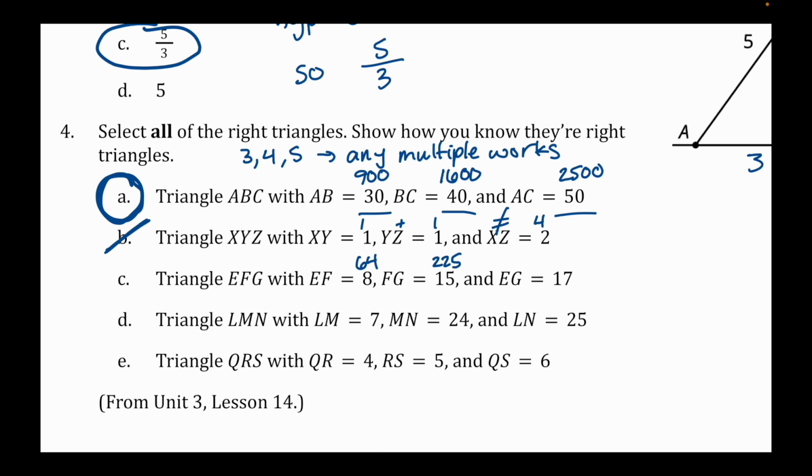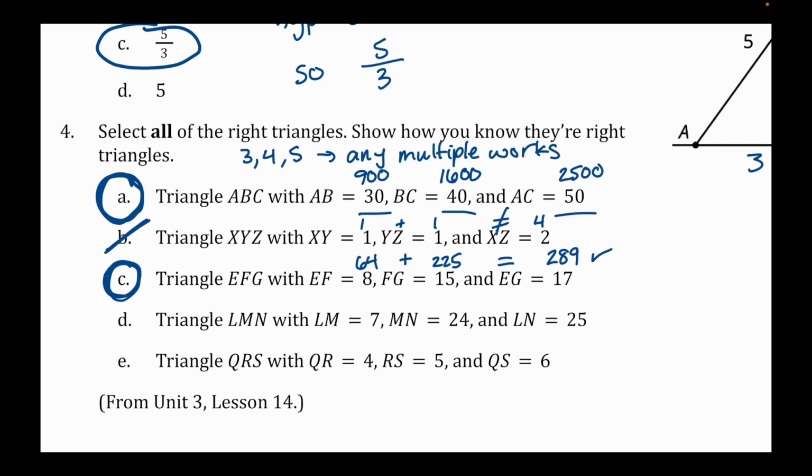And 17 squared is 289. And you can check me on this, but 64 plus 225 does equal 289. So C is also a right triangle. I just know that this one is a Pythagorean triple when I see it.